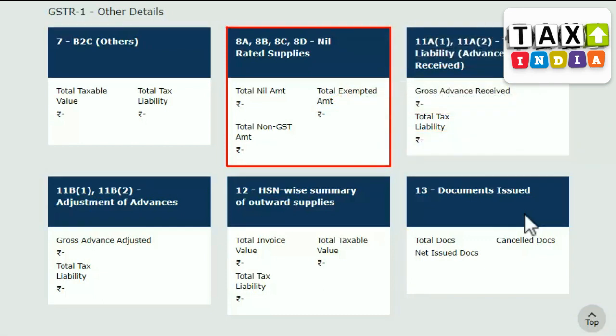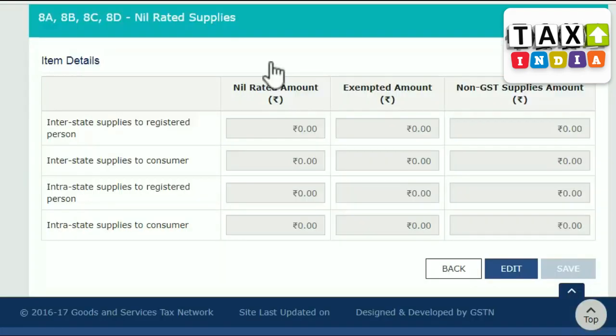Click the nil rated supplies block to open its field as shown. The categories shown here are interstate supplies to registered person, interstate supplies to consumer, intrastate supplies to registered person, and intrastate supplies to consumer.